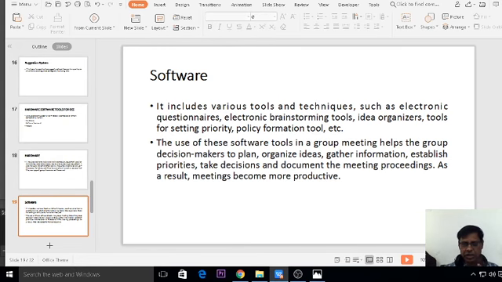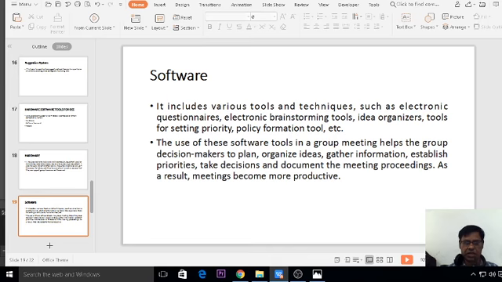The use of these software tools in a group meeting helps the group decision makers to plan, organize ideas, gather information, establish priorities, take appropriate decisions and document the meeting proceedings.